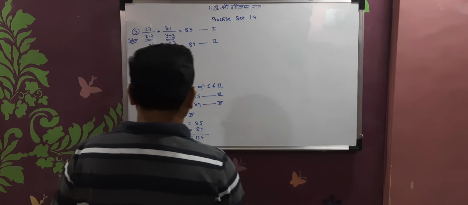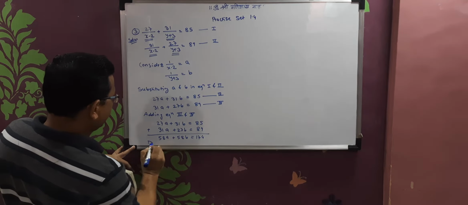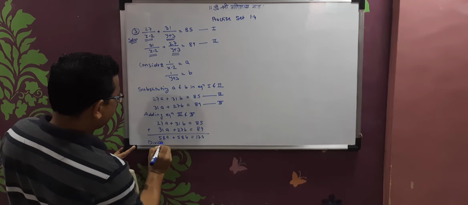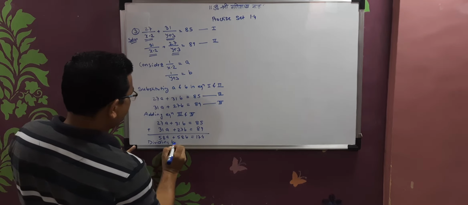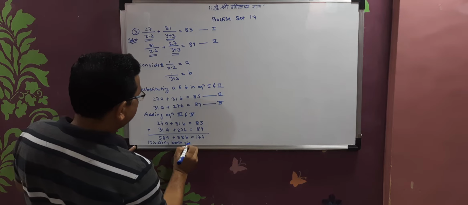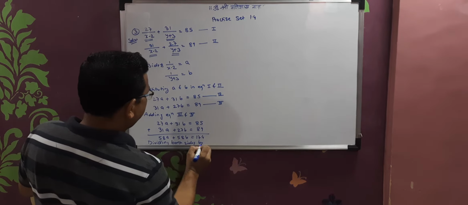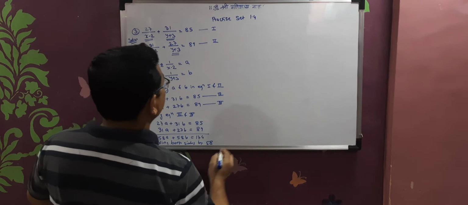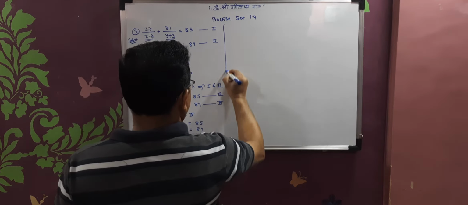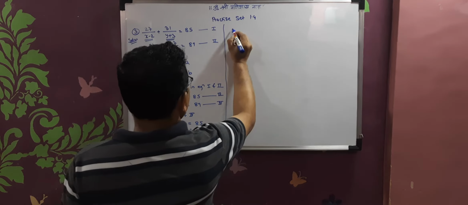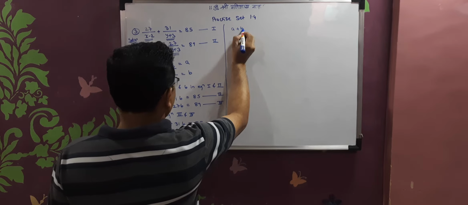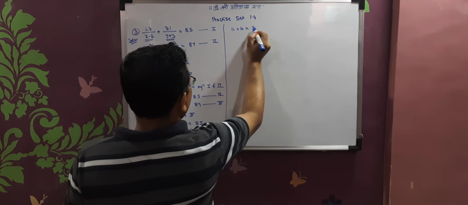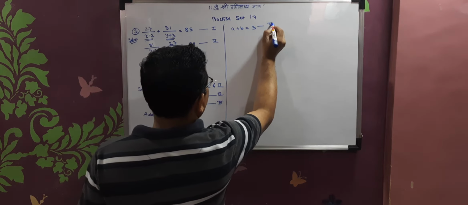Dividing both sides by 58, this is a plus b is equal to 3. This is equation number 5.